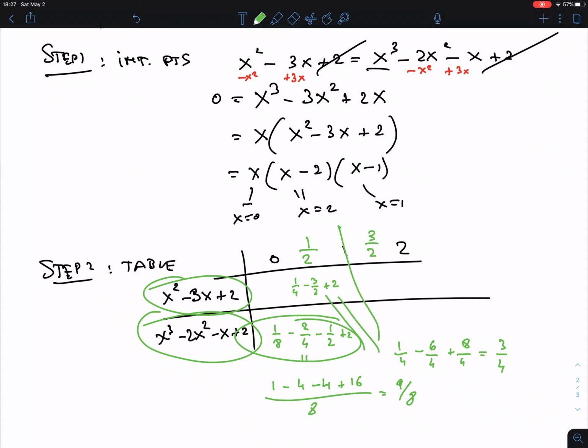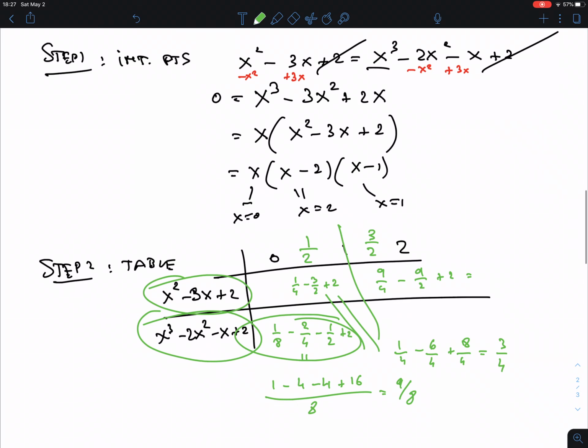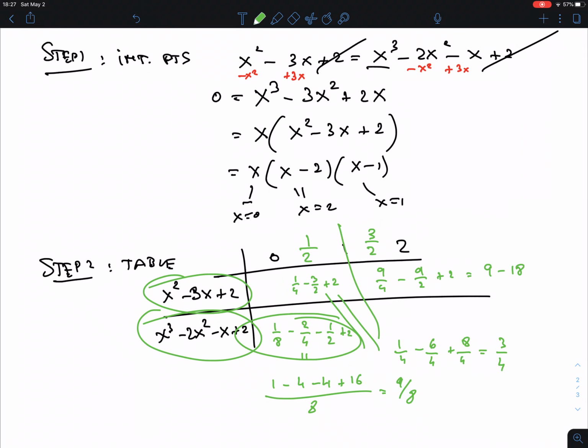Okay. Now what's happened in the other one? We get 9/4 minus 9/2 plus 2, so that's 9 minus 18 plus 8 over 4. That is 17 minus 18, so minus 1/4. And then, okay, I'll do a different color so that you see where I'm counting.